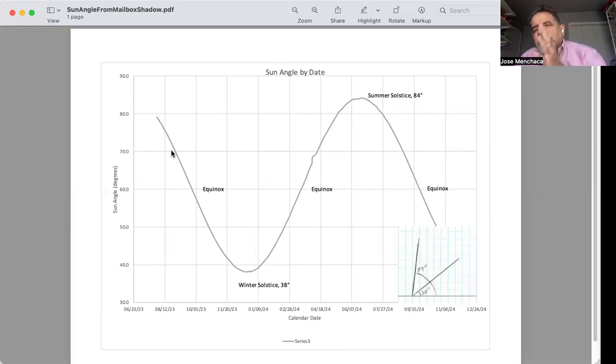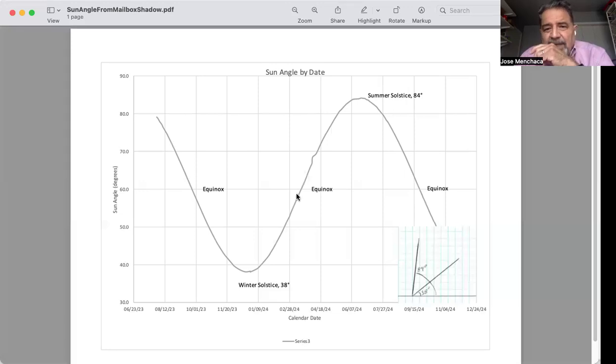But I have since, using trigonometry, using how high the top of the mailbox was and how far the meter stick was, turned it into angles using the arctangent function on Excel. And you can see that it does, as I mentioned in the lecture, make a sine wave eventually.